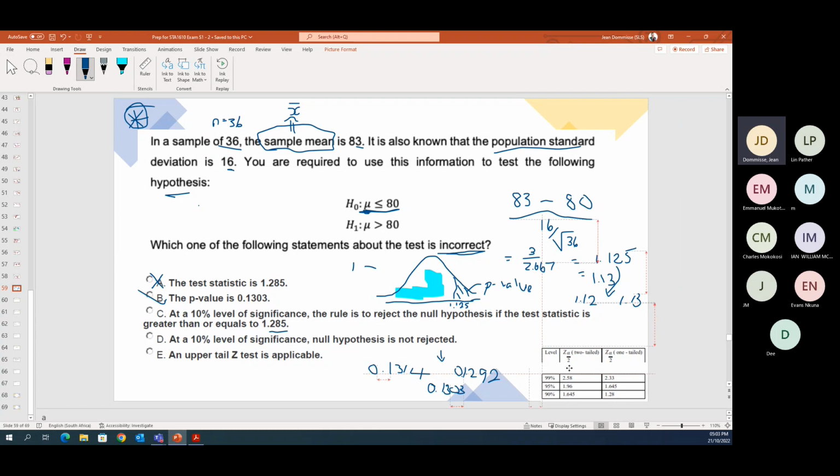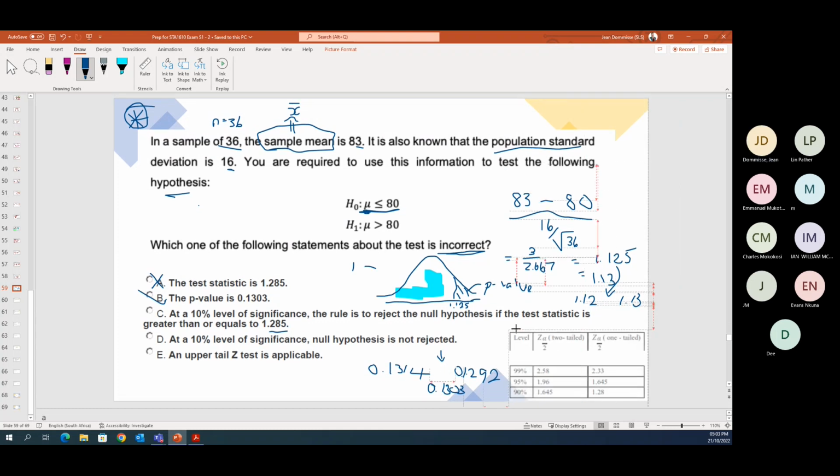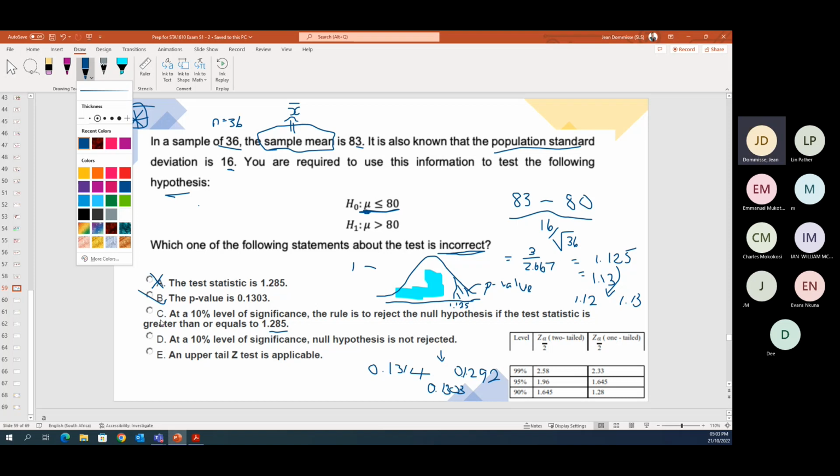Okay, so at 90%, we do work with a 1.285, so that is correct.